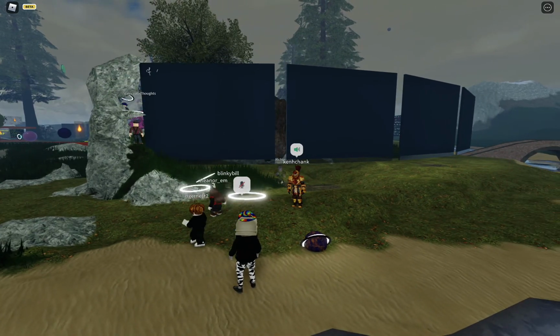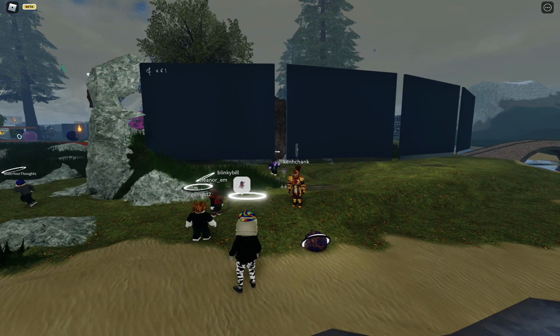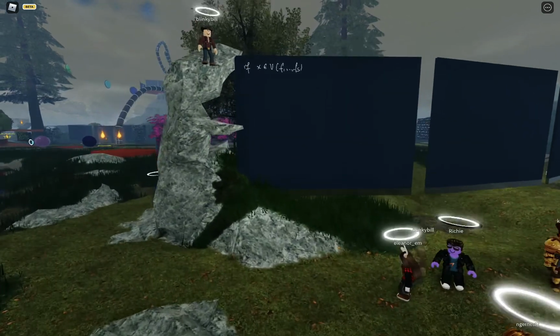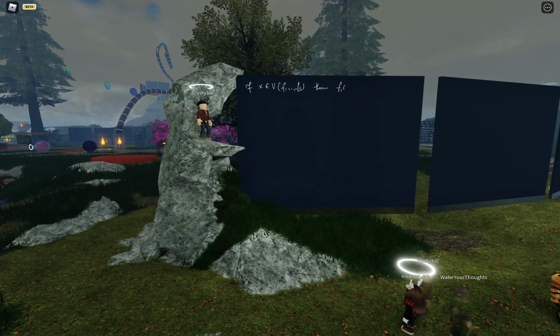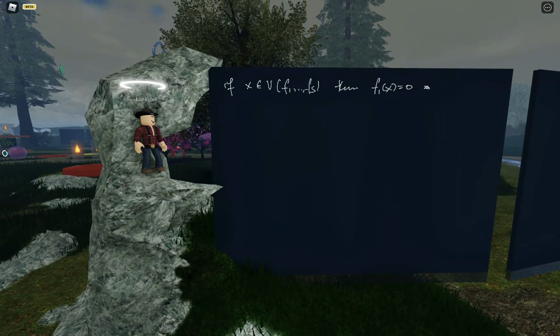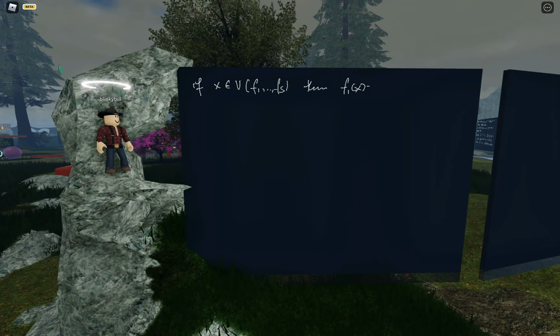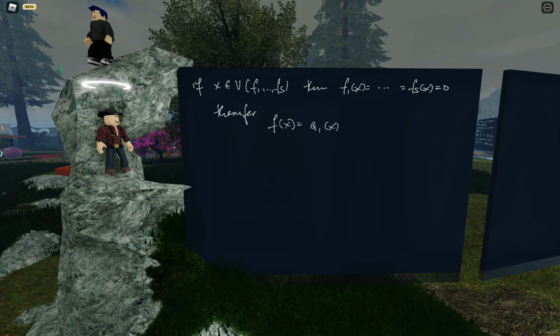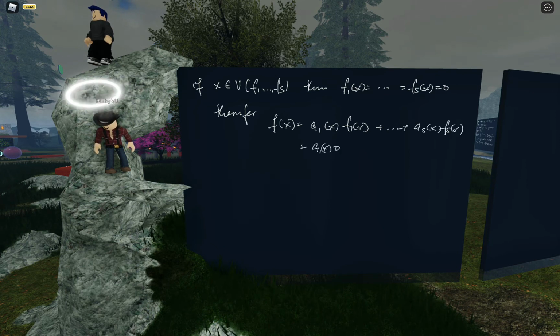But yeah, if x is in V(f1, ..., fs), then what this means is that f1(x) is equal to 0, all the way up to fs(x) equals 0. Hence f(x) is equal to a1(x)f1(x) plus ... plus as(x)fs(x), which equals a1(x)·0 plus ... plus as(x)·0, which equals 0, because 0 kills everything, right?